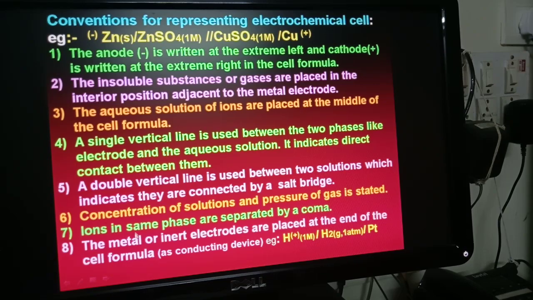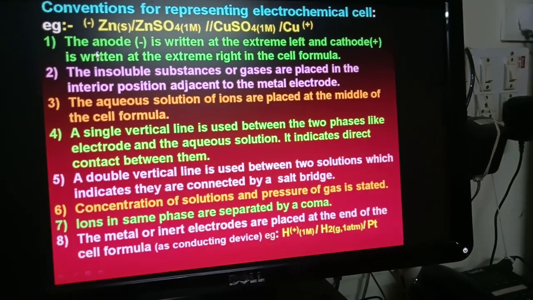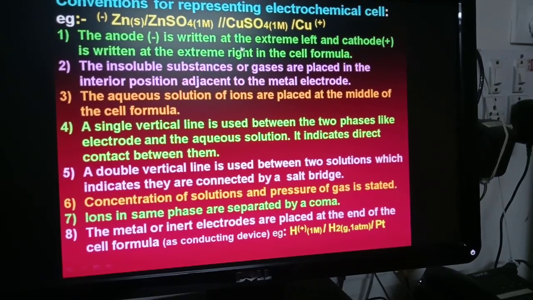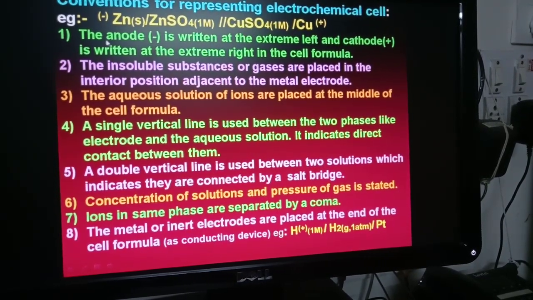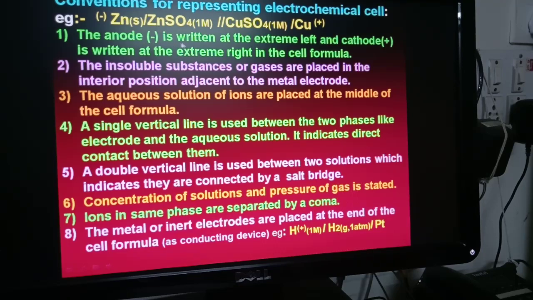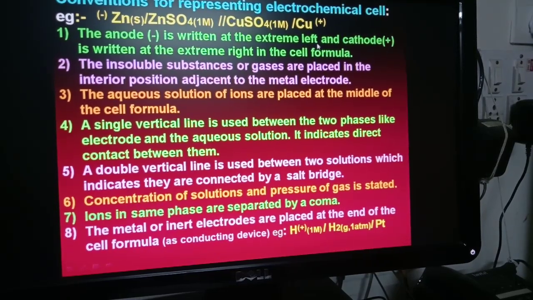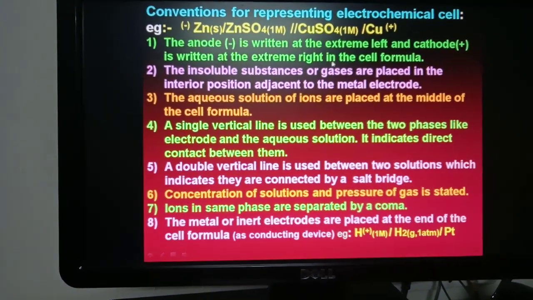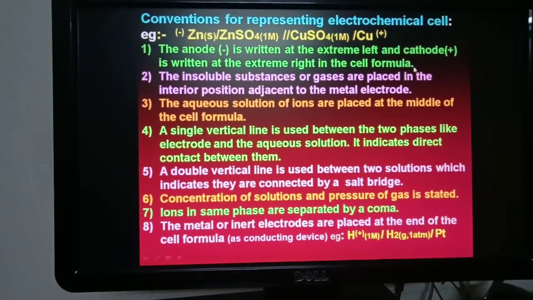Now let us study in detail the conventions for representing an electrochemical cell. The anode is written at the extreme left and the cathode is written at the extreme right in the cell formula.